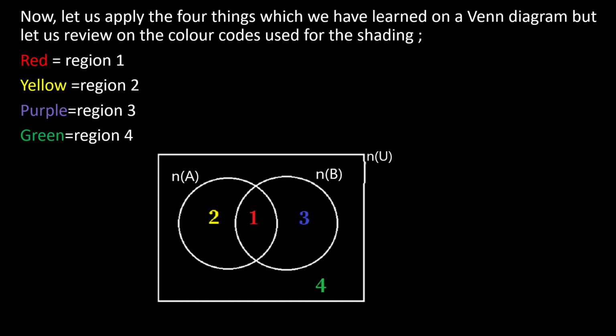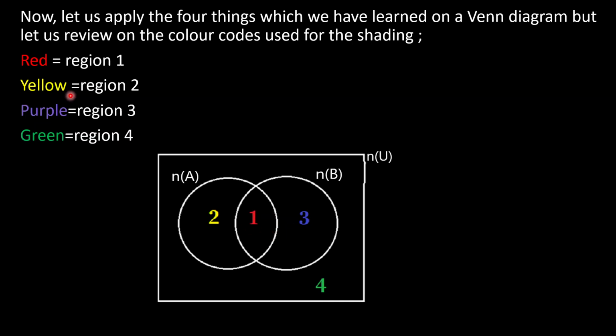Now let us apply the four things which we have learned on the Venn diagram. That is the intersection of sets, the union of sets, the complement of sets, and disjoint sets. But let's review the color codes once more. The red in this video stands for region 1.